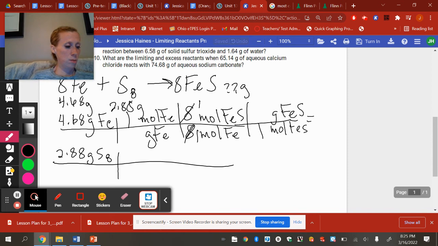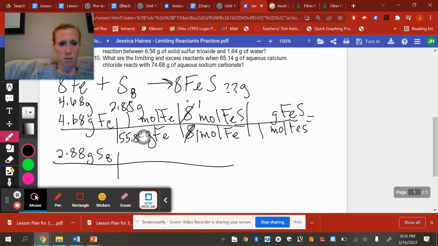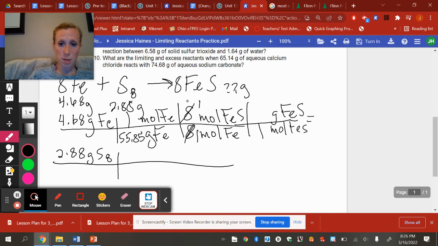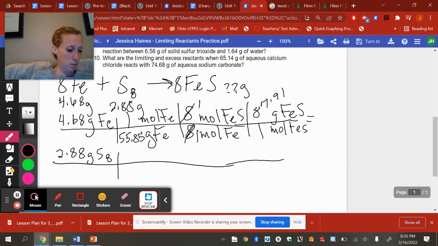58.33. What is the molar mass of iron? 55.85. I don't think I said that. 55.85. And then what is the mass of sulfur? 32.06. So 32.06 plus 55.85 gives us 87.91. All right, and my other one, sulfur, 32.06 times 8.